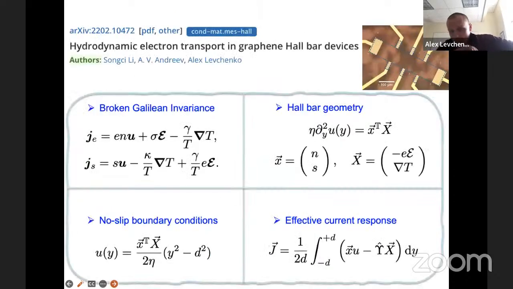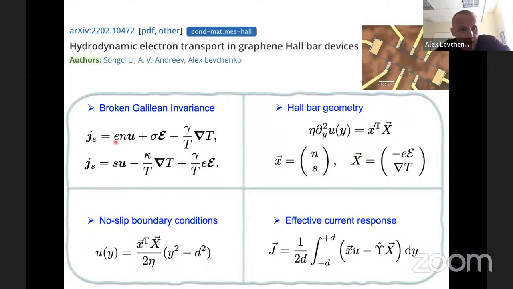All right. So let's see how the Gurzhi picture of hydrodynamic electron flow should be modified in applications to graphene devices. This is a slide that introduces the main changes and main notations that I will use. So the electrical current in the Gurzhi picture is given by the hydrodynamic mode.